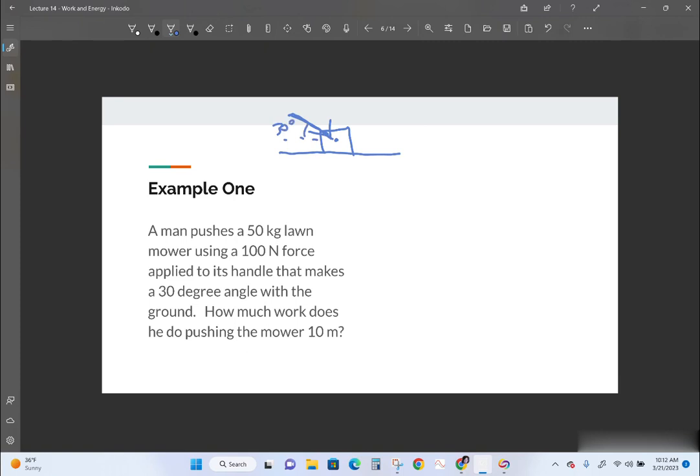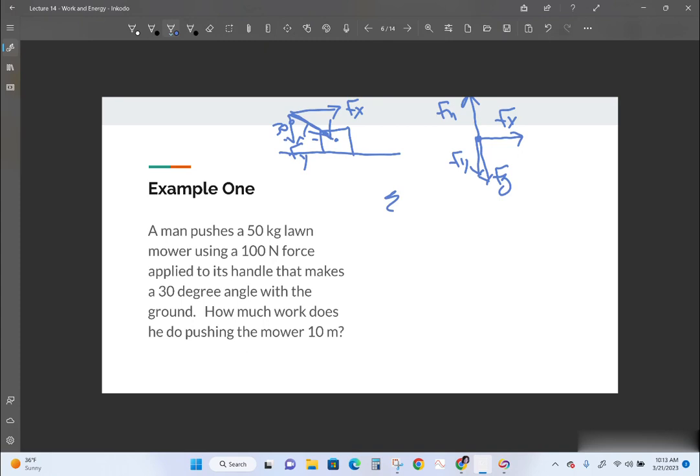If I were to actually talk about what's going on there, I'm pushing it forward and I'm pushing down on it, right? So the forces that are really causing the motion here are Fx, and I'm pulling down on it with Fy, and it has weight, and it has a normal force.